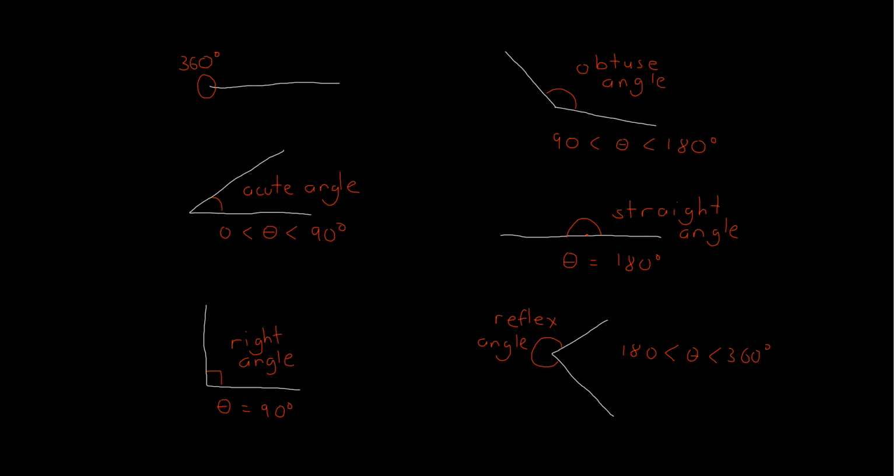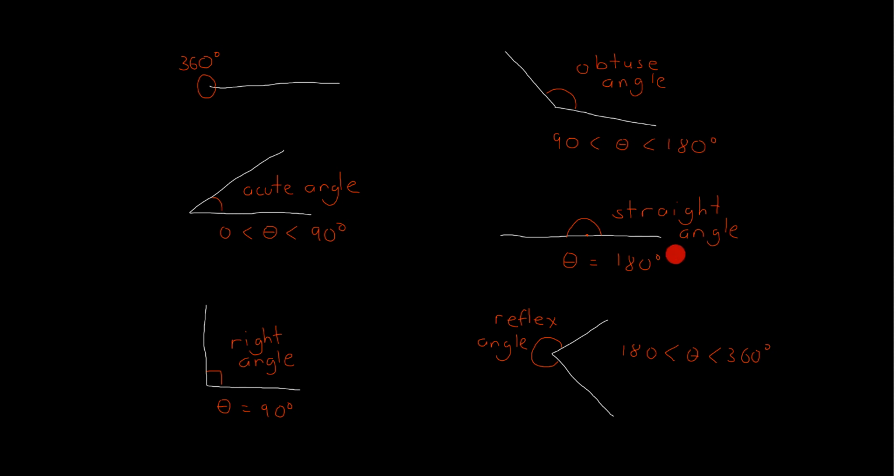So the first kind of angle is if I've got an angle and I call it theta. This is the Greek letter theta. We often use Greek letters when we refer to angles. It's any angle that's between 0 and 90 degrees, and it's an acute angle. A right angle is an angle that's exactly 90 degrees. An obtuse angle is between 90 degrees and 180 degrees.